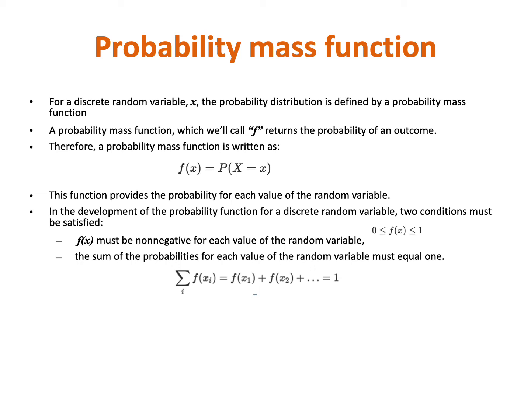Another condition is that the sum of probabilities for each value of the random variable must be equal to 1. As we take the summation of all the probabilities f(x) of the random variable, it should be 1.